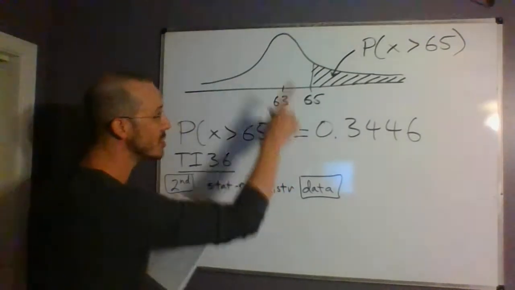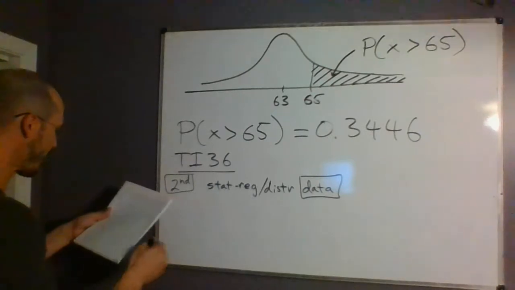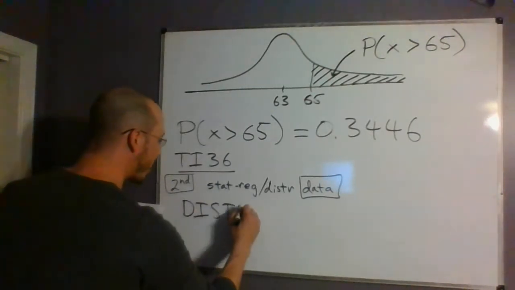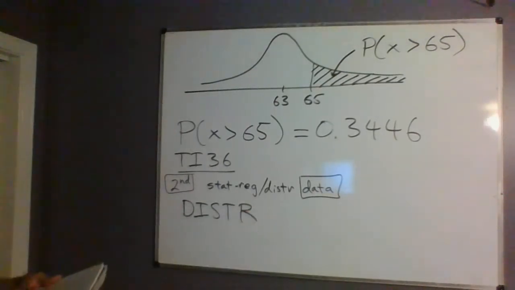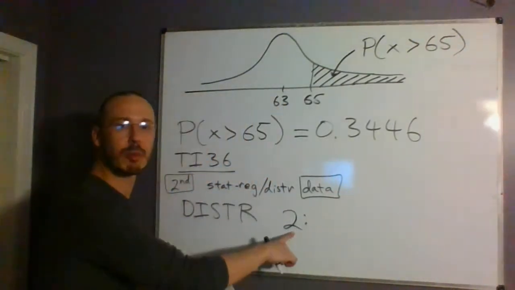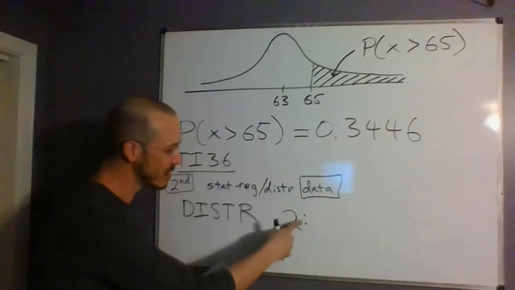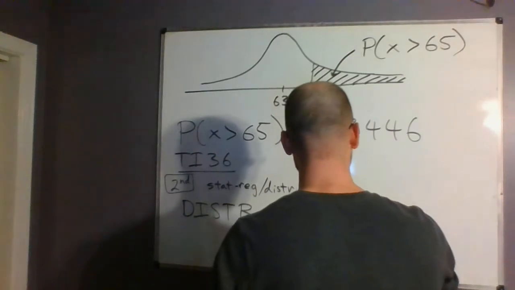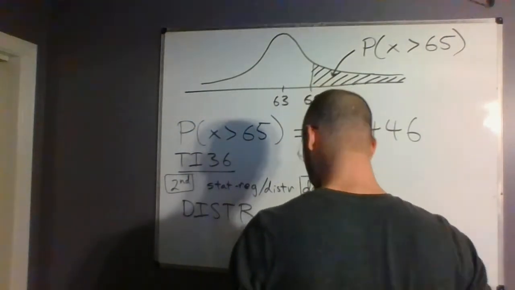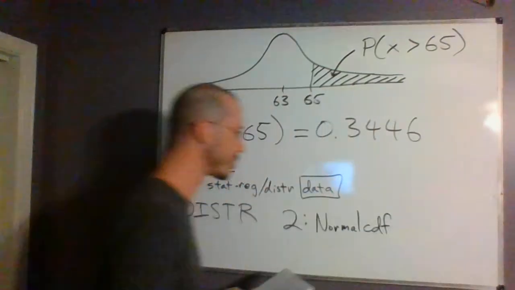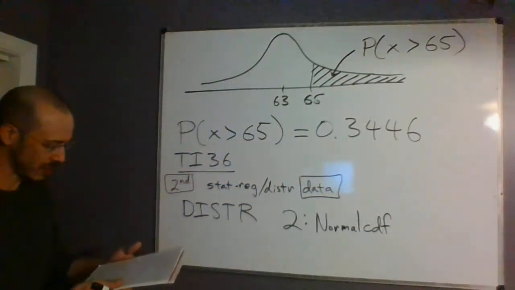We're using a distribution in this case. So you want to choose DISTR from that menu. The next step, 2 is the shortcut button, or you can scroll down to it. It's number 2, and it's called normal CDF. So normal CDF is the item you want.